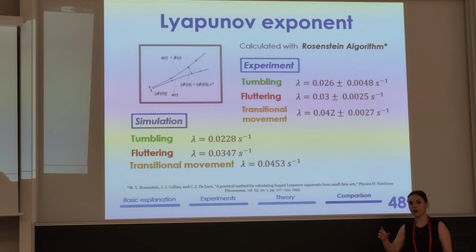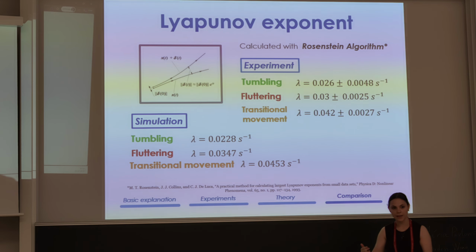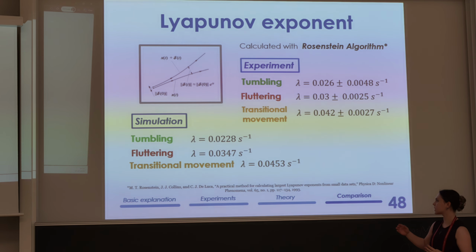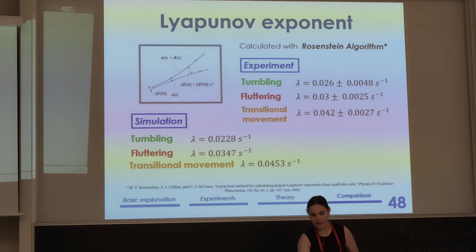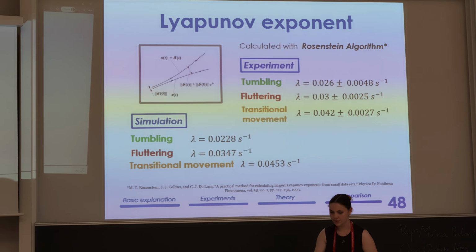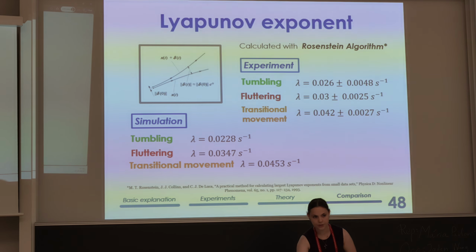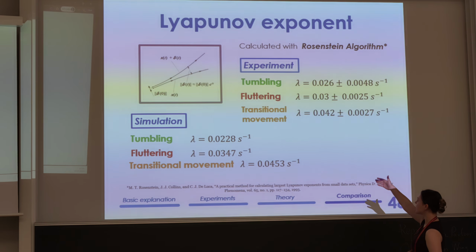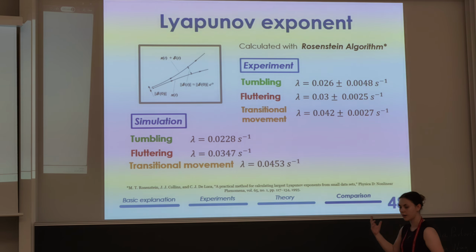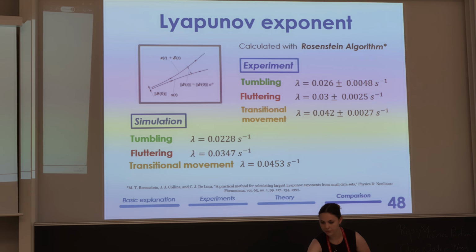So this is one big indicator that this system is chaotic, but it's pretty small. We calculated this using the Rosenstein algorithm. I can explain further. And looking at the values, the transitional movement has the highest Lyapunov exponent.